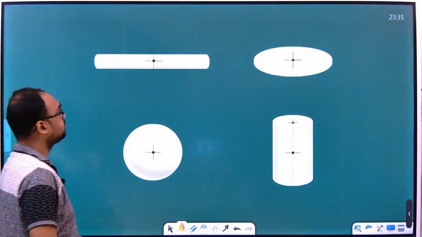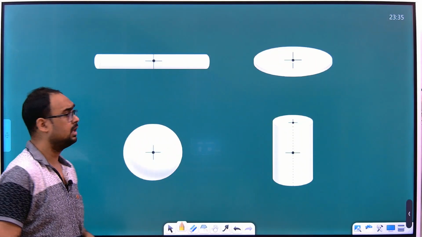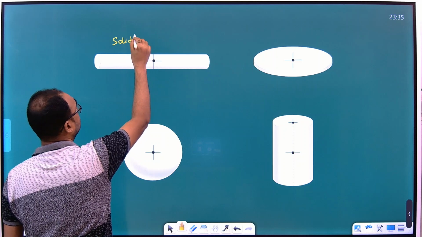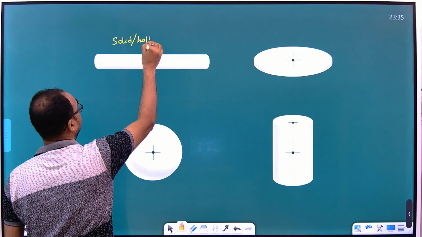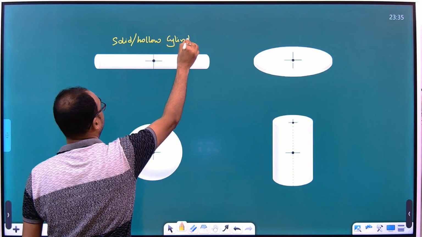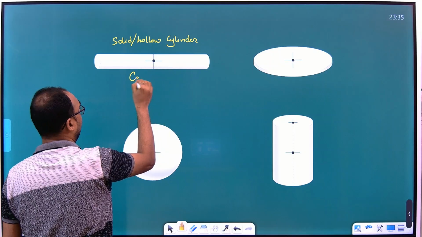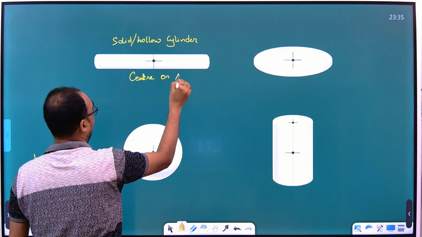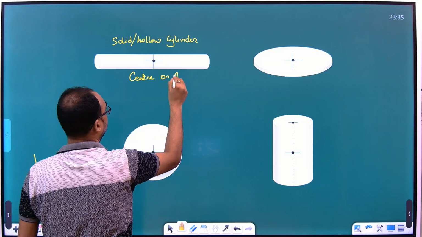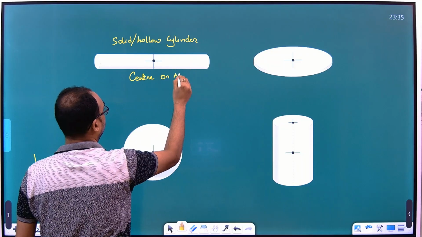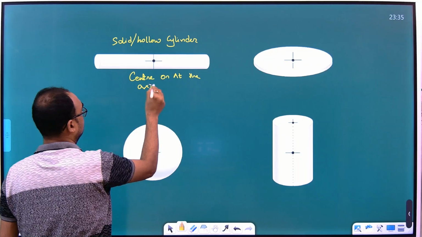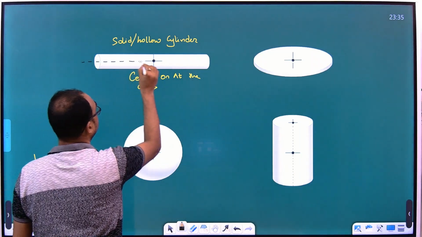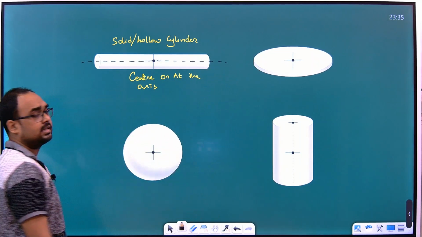For example, a solid cylinder, or a hollow cylinder too, solid or hollow cylinder, will have a center of gravity at the center or at the axis. This is the axis.